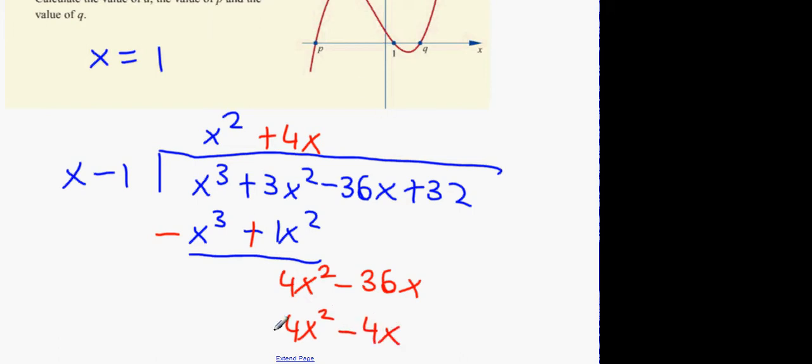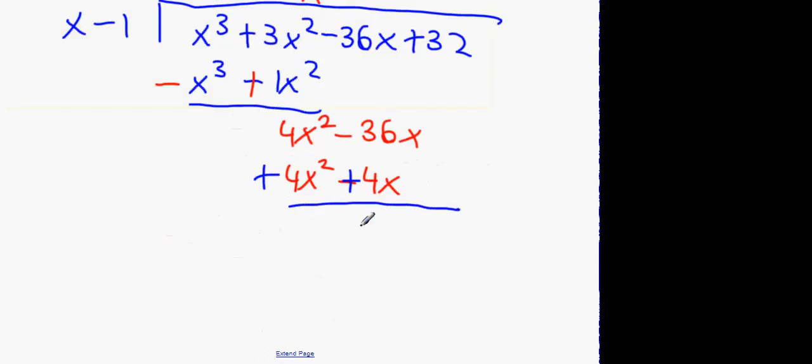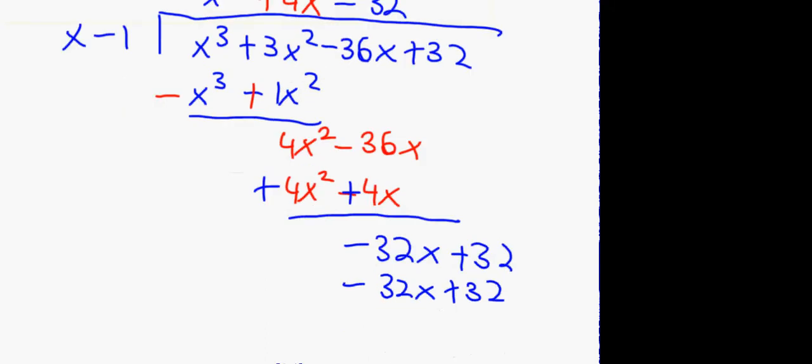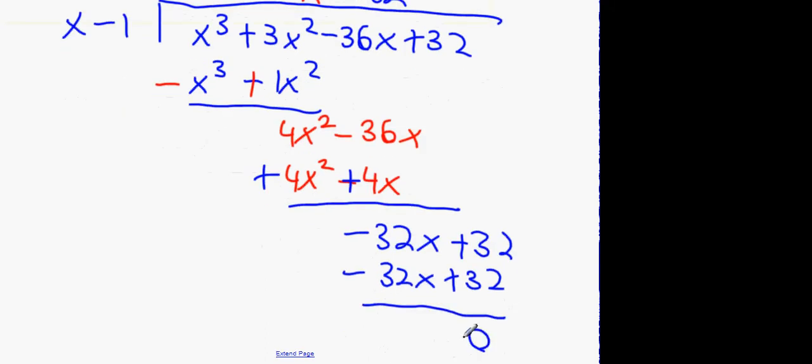Change the signs. And now we're going to get minus 32x plus 32. This will go in minus 32 times. Minus 32x plus 32. Change the signs, and what we're going to get here is zero.